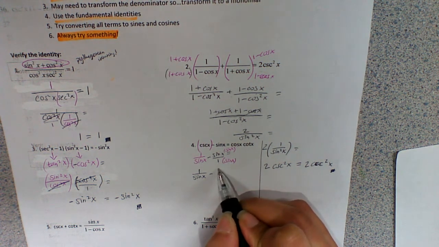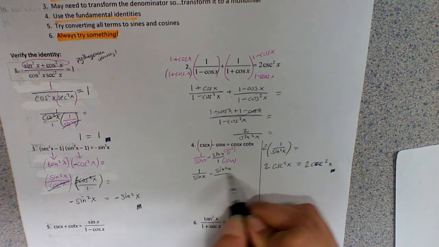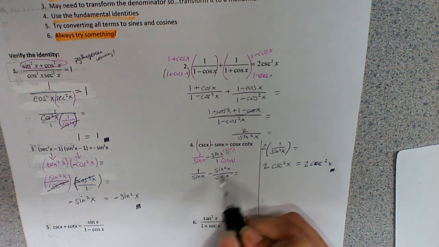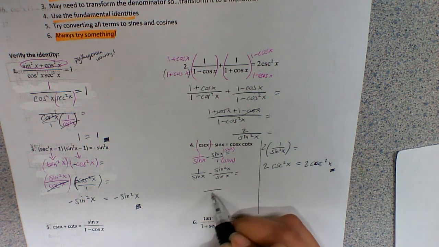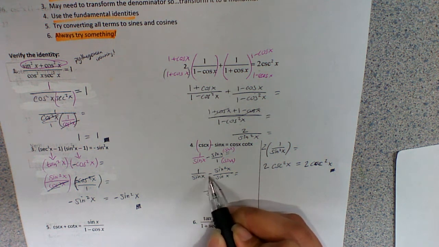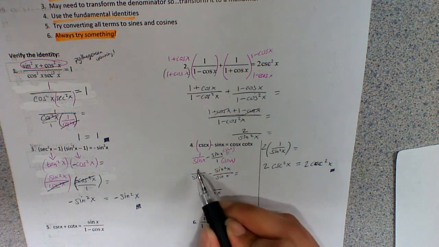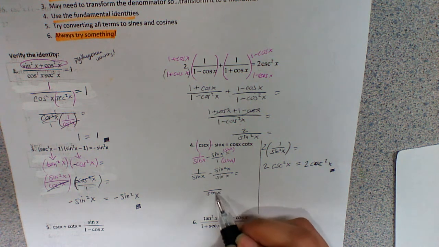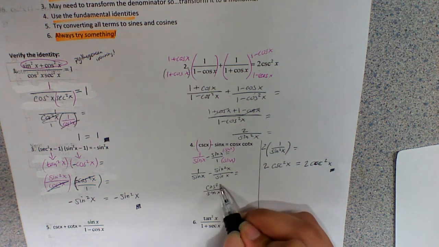Second fraction becomes sine squared of x over sine of x. So now I have a common denominator, and so I can keep that common denominator, and let's see what we have at the top. I have 1 minus sine squared. 1 minus sine squared, again, comes straight from your identity, and if you rewrite it, it becomes cos squared of x.